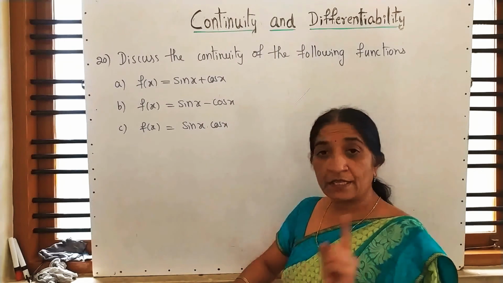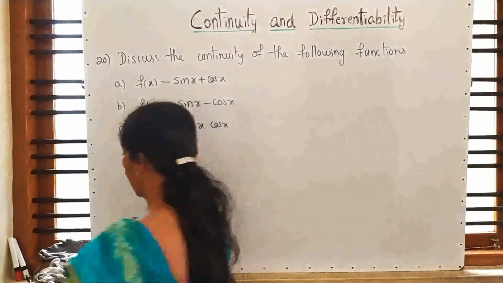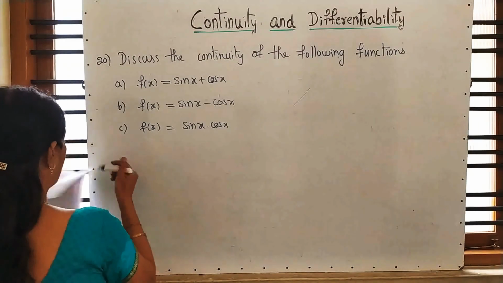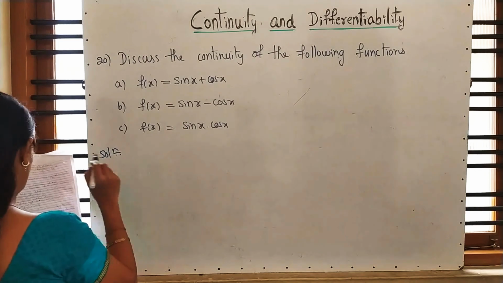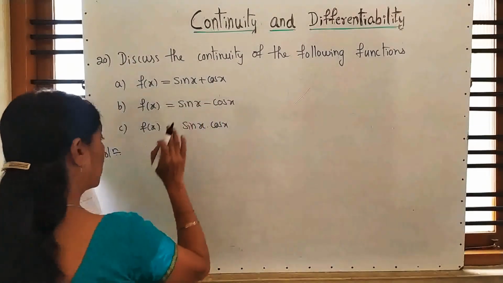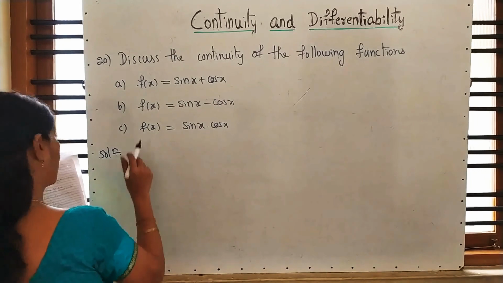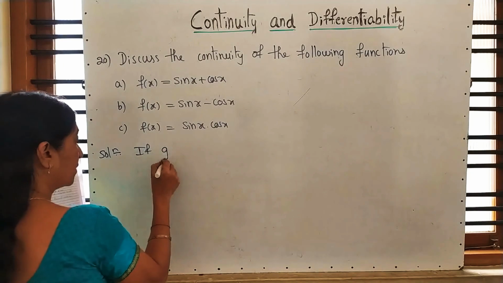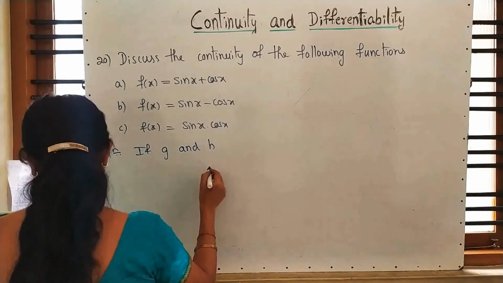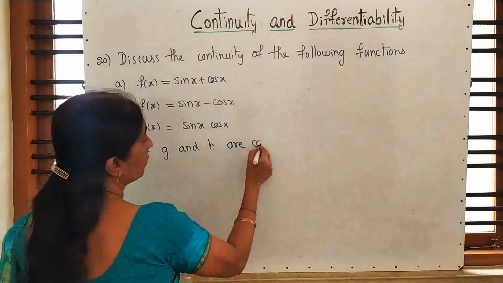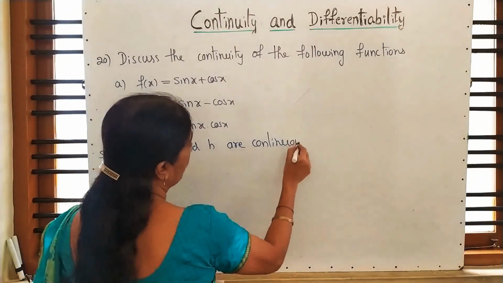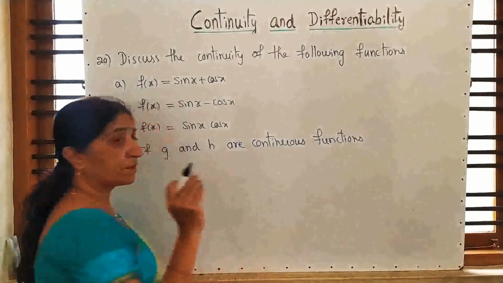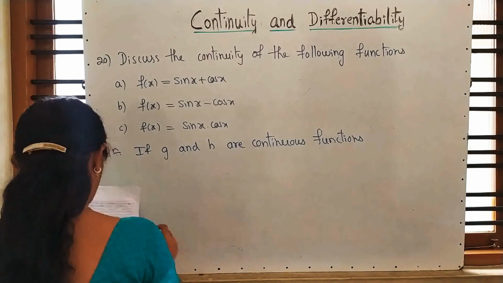See here, sin x and cos x both are continuous functions. Already we are familiar: sin x and cos x both are continuous functions. Let us take them as g and h, because f is already there. If g and h are continuous functions, their addition, subtraction and multiplication are also continuous.